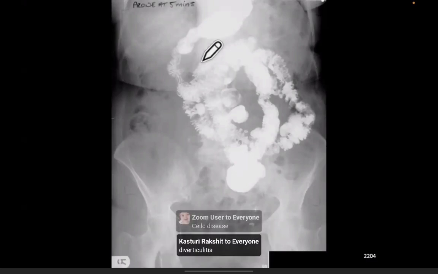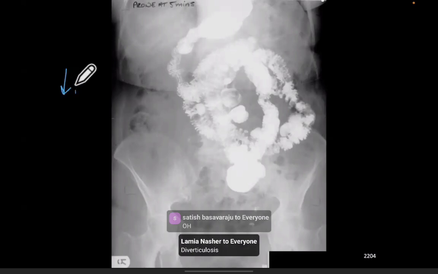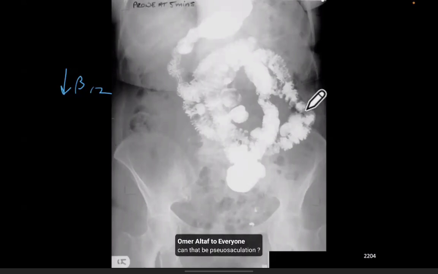So they get overgrowth of bacteria, which causes a reduction in vitamin B12, due to this bacterial overgrowth within the jejunal diverticula. Just another example of the same, jejunal diverticulosis leading to B12 deficiency.